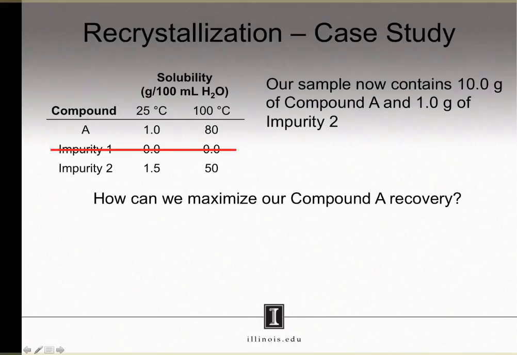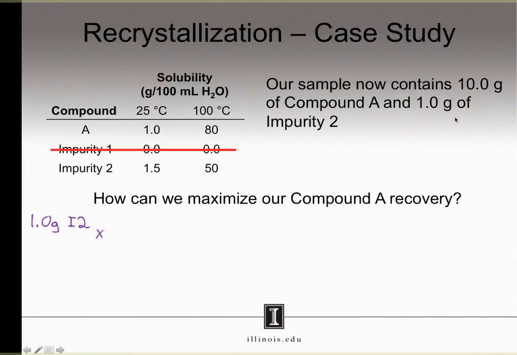Just how much solvent do we need to ensure that all of impurity 2 stays in solution at the cold temperature? To answer that question, we again look at the solubility table. We know that we have 1.0 grams of impurity 2 in our sample.